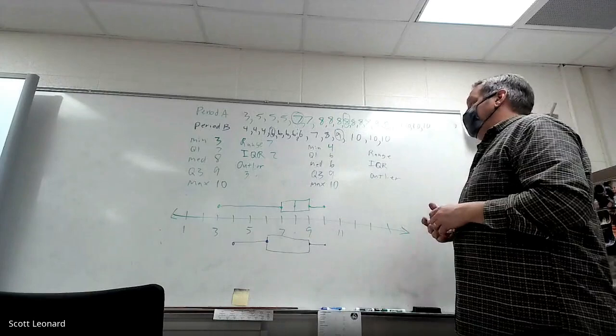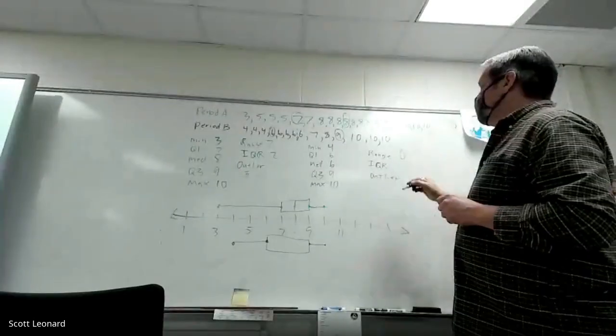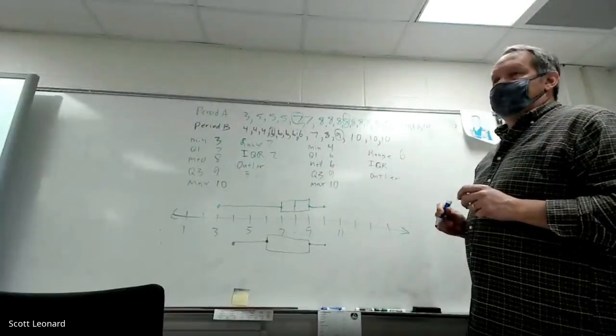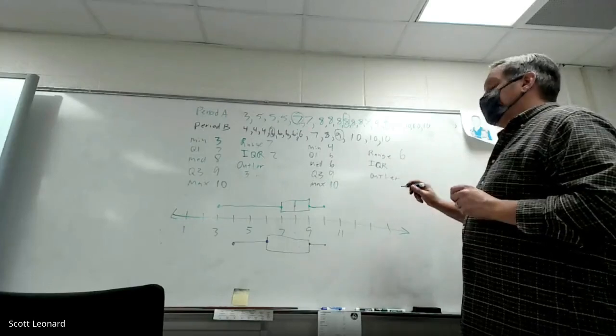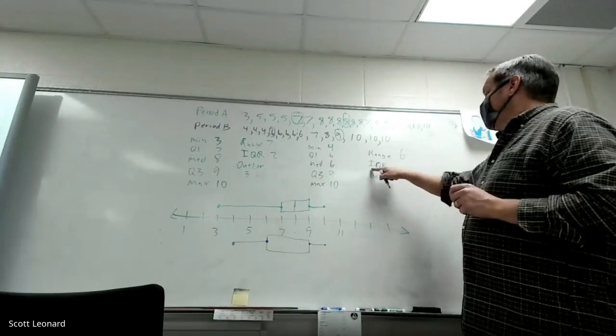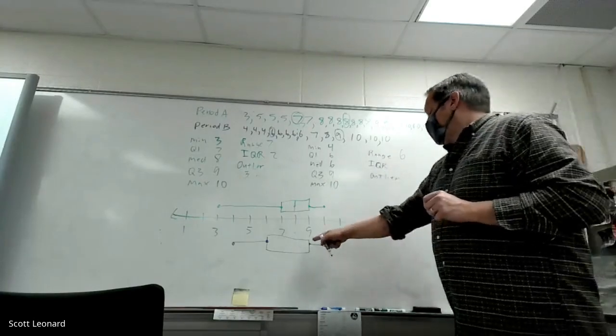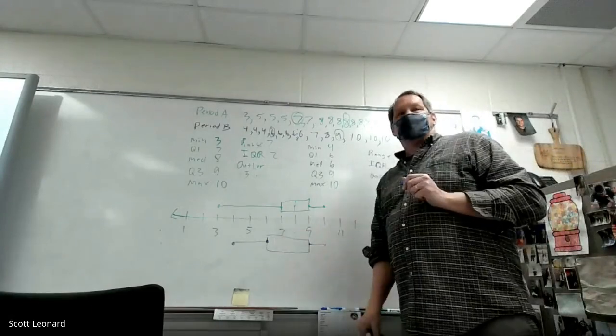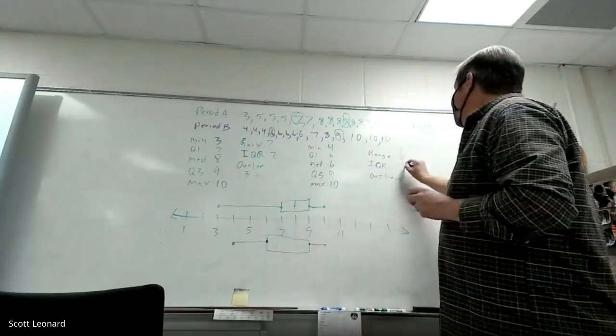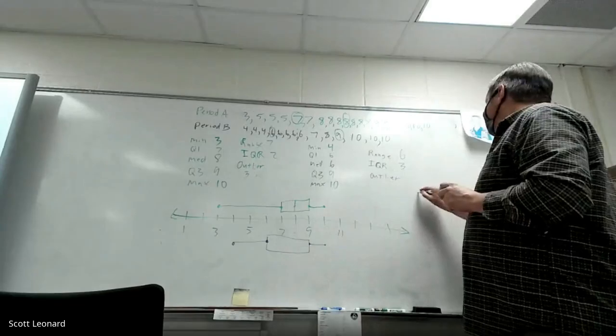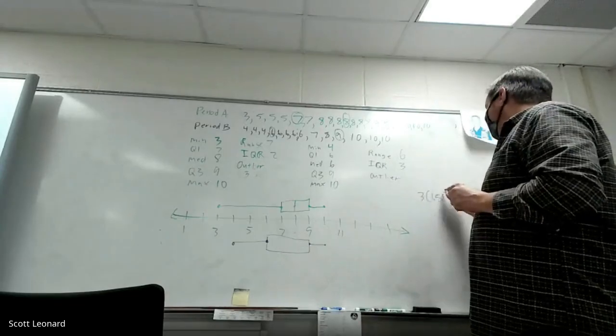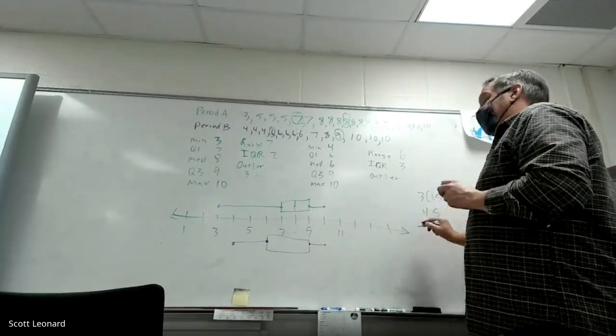All right, range. Range is 6. IQR. See IQR from lowest to greatest? 3. 3 times 1.5 is 4.5.